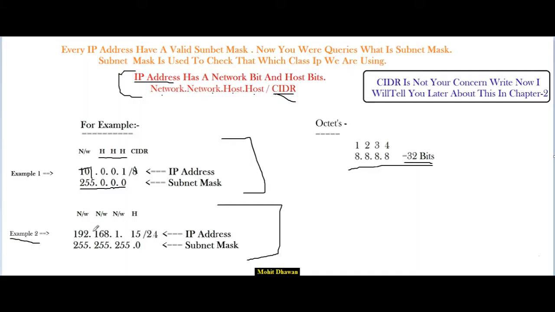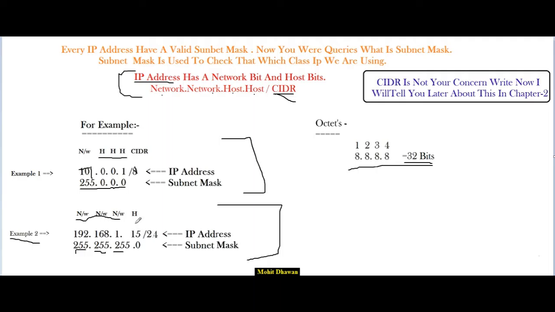So 192.168.1, these all three are the network bits. Here I have shown that these are all the network bits, correct. These three octets are all full, that's why their subnet mask is 255.255.255.0.